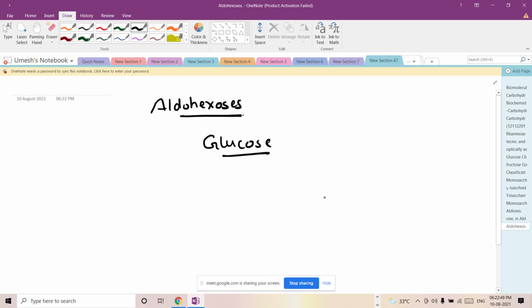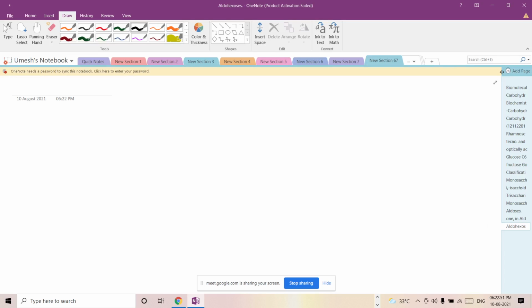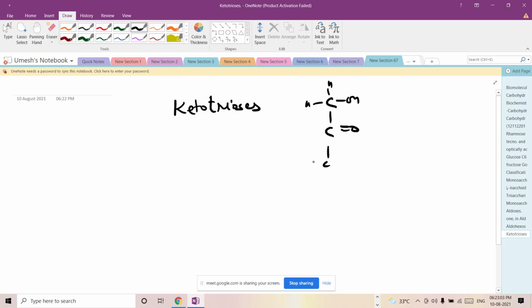Similarly, the ketones are further classified as ketotriose. Ketotriose means it has a ketonic group. Right?